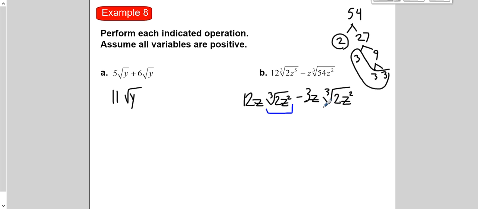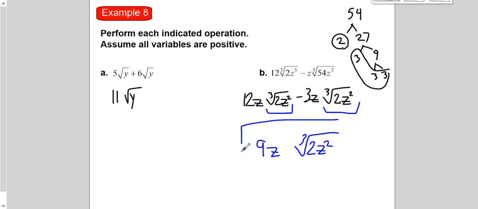Cube root of 2z squared, cube root of 2z squared. So we have 12z minus 3z of these things. So there's our cube root of 2z squared. 12z minus 3z is 9z. And that's our final answer. 9z times cube root of 2z squared.